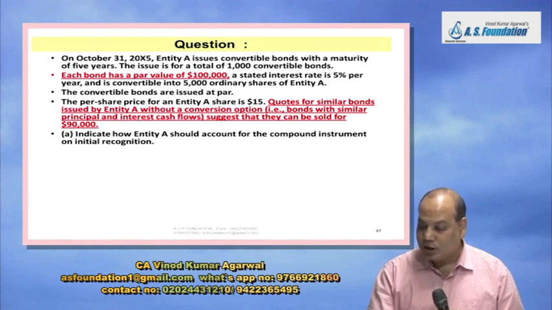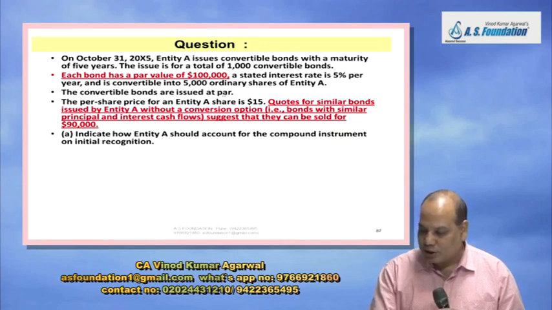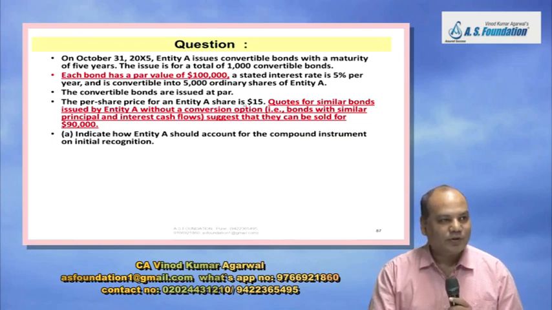Now this I have kept to confuse the student. It's actually not required. Quotes for similar bonds issued by entity A but without conversion option is $90,000. Now this line is of no use. Students sometimes take 5,000 shares into 15, so I will assign 75,000 to equity and 25,000 to bond.